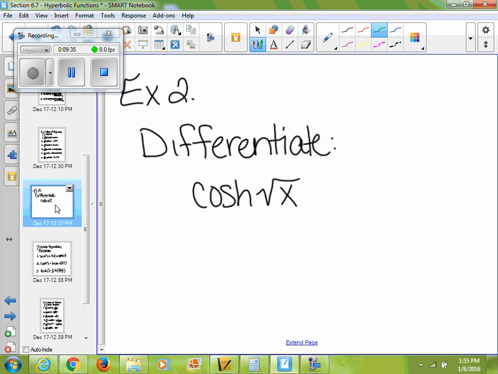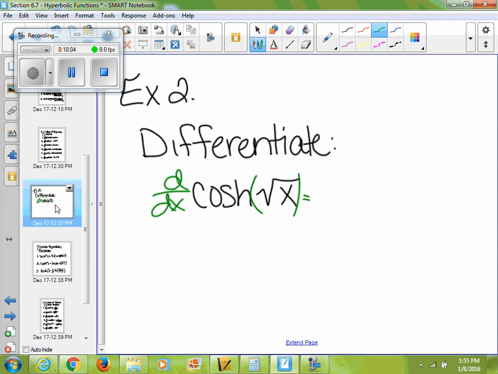Okay, so let's find the derivative of the hyperbolic cosine of the square root of x. Well, when deriving the hyperbolic cosine function in terms of x, since this is like two separate functions, we're gonna derive the outside times the derivative of the inside.